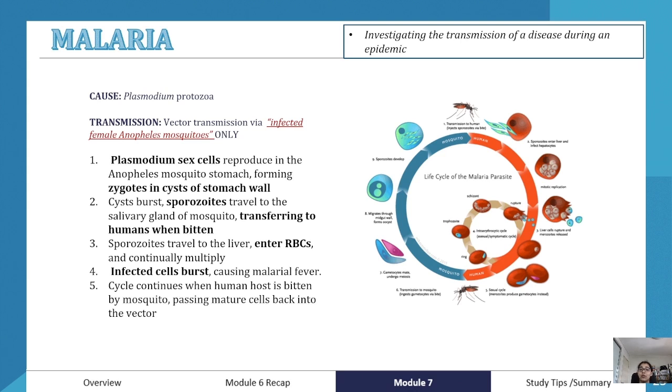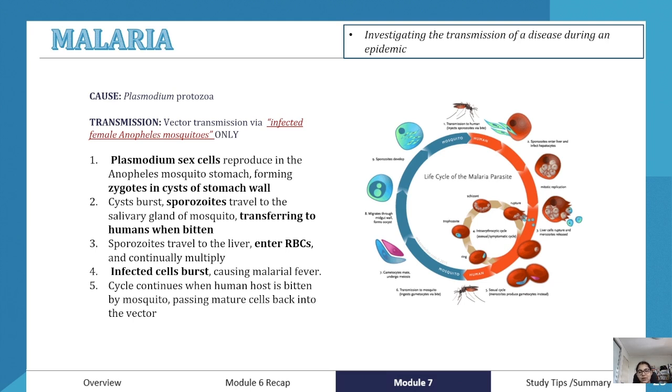It goes through to your liver, and the next time another mosquito bites you, let's say another female mosquito that does not have the protozoa, they can take away that protozoa. It circulates to them, and that is how the disease spreads. So that was a little summary.